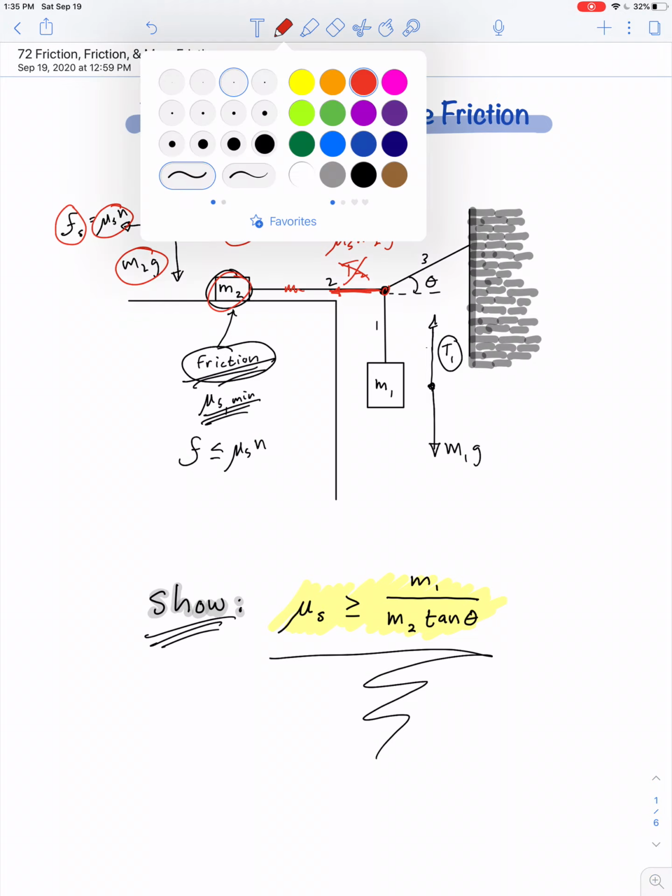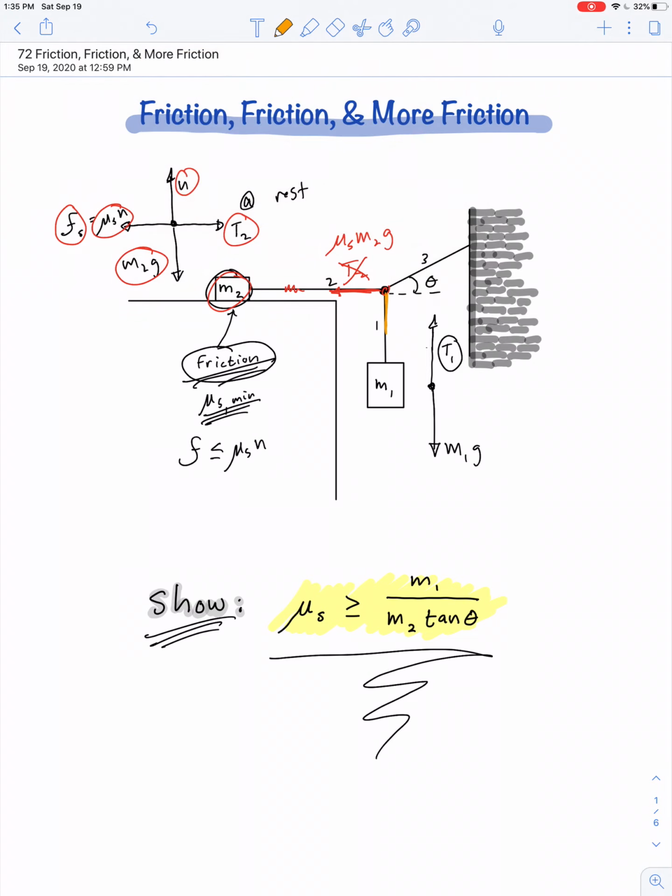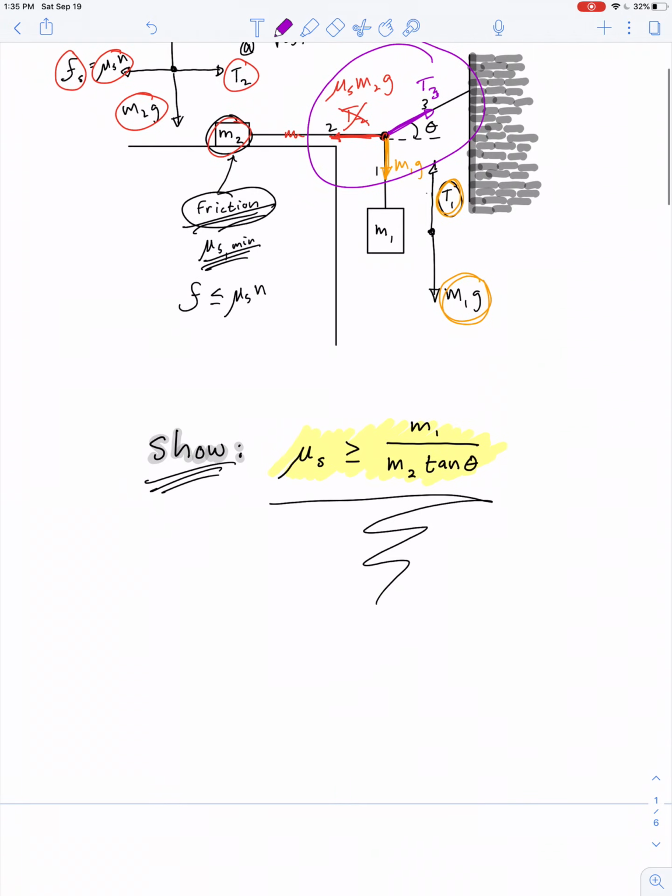Likewise, there's a force pulling down, but that's the same as this tension number 1, which in turn is the same as M1G. So I'm going to label that as M1G. And then lastly, there's a third amount of tension pulling up and to the right, and we can't call that anything other than T3. So this free body diagram is unresolved.